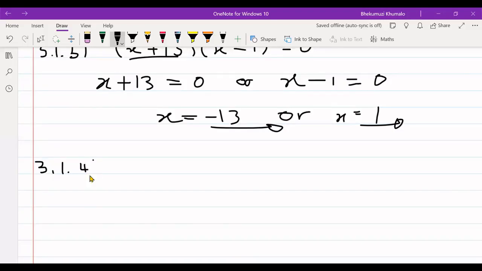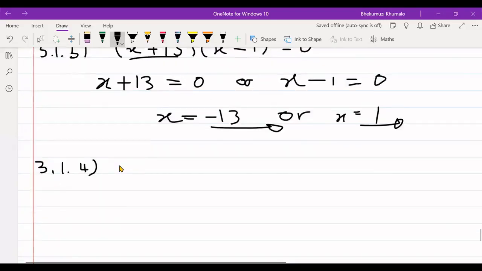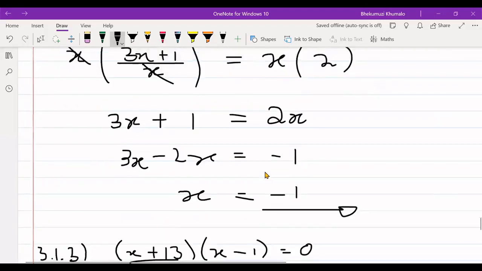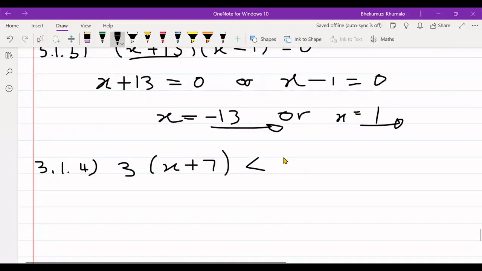So 3.1.4 was 3(x plus 7) that is less than x over 2 plus 1. Okay, so now we have an inequality.